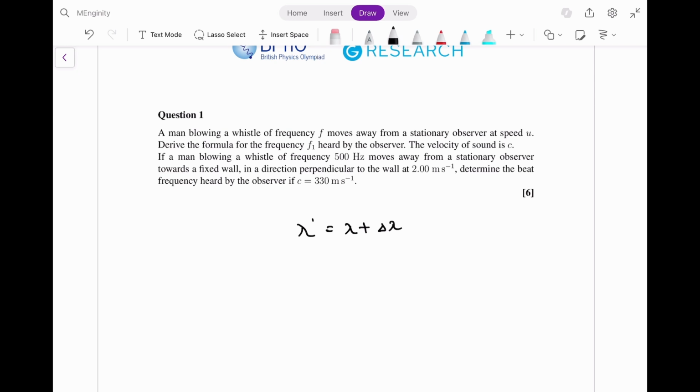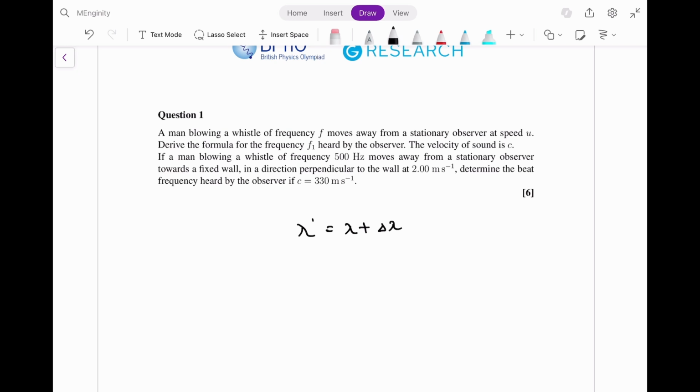Now we have to express this, so we can express wavelength as the speed divided by frequency. So in this case, lambda dash is equal to the speed, which does not change because it's still sound. However, the frequency changes.